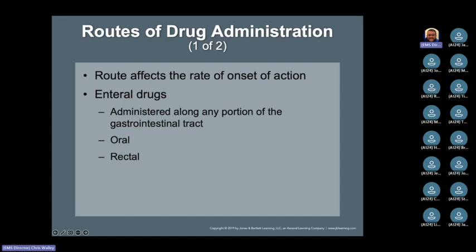The exception is dependent upon your protocol or your medical director, who could potentially give you orders to give D50 that way. It's rare, but I've heard of it. So if your agency allows that, have fun.